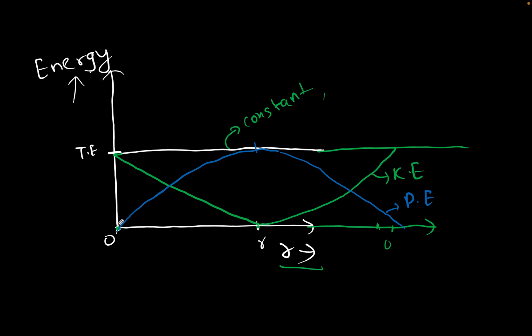And the potential energy is 0 at its mean position and increases up till the maximum displacement, and again decreases up till its mean position. This will continue again and again throughout the oscillation.